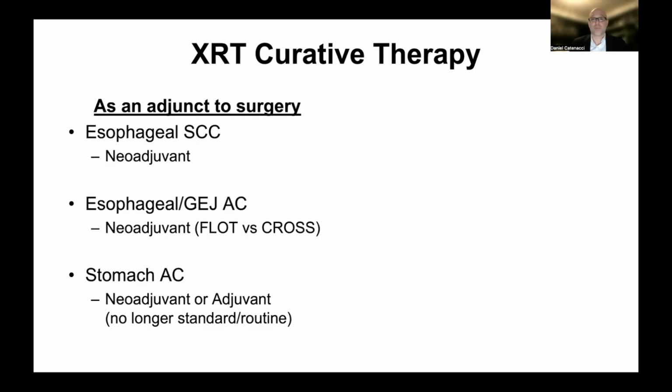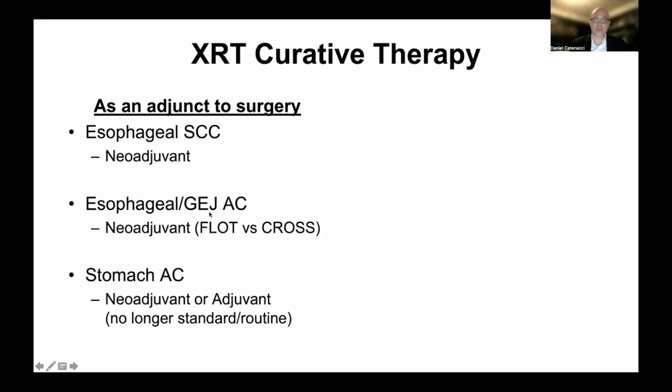The first example would be in the curative intent situation, so a locally advanced cancer that's stage 2 or 3. And so as an adjunct to surgery, usually given before surgery, called neoadjuvant therapy, for example, with esophageal squamous cell, can also be used for esophageal adenocarcinoma and GE junction adenocarcinomas.